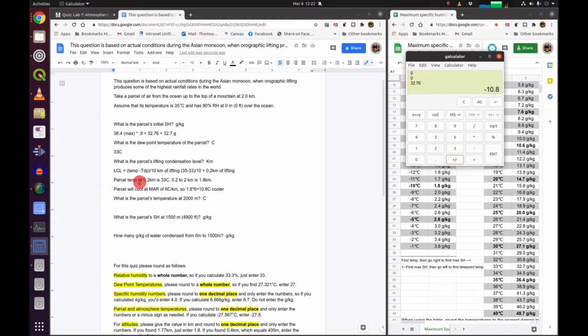It cooled to 33 degrees at 0.2 kilometers, and now it's going to go from 0.2 up to 2, and it's going to cool by 10.8 degrees. So 10.8 degrees cooler than 33. It's going to be 22.2.